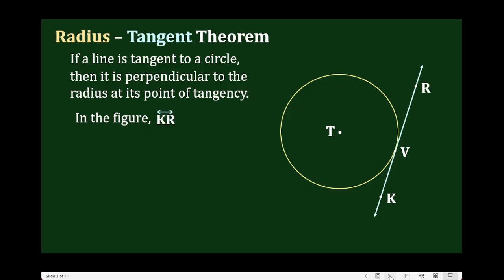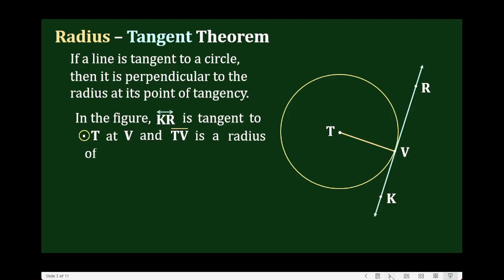Again, in this figure, line KR is our tangent to circle T at point B. And segment TB is our radius of this circle.